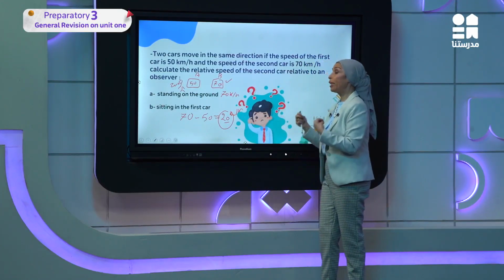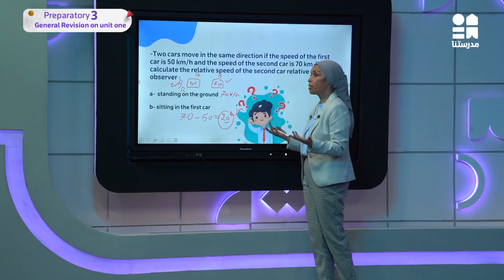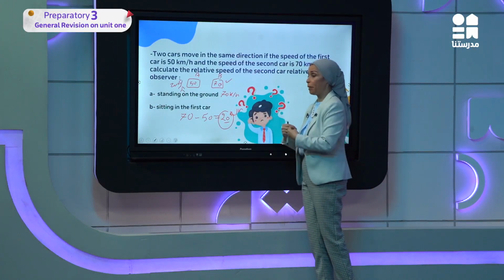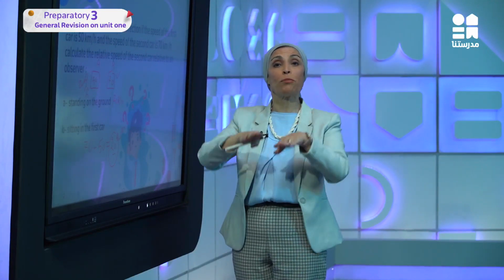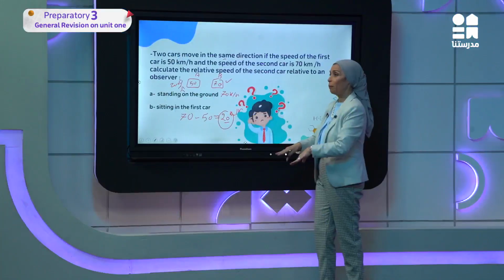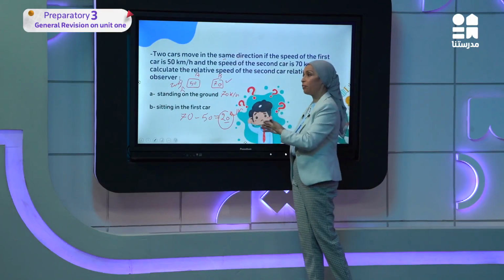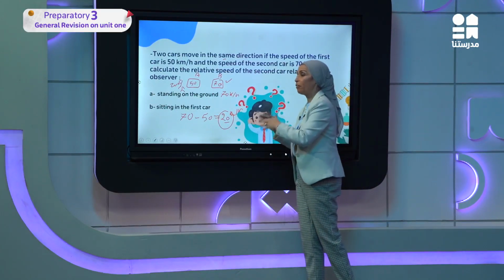The observer in each car هيشوف الكارز ماشية ازاي with the same speed. يعني لو car ماشية 50 kilometer per hour and the other car moving with 50 kilometer per hour يعني the same speed and both of them are moving same direction يعني I'm going to subtract both. So كل واحد هيشوف التاني ماشي ازاي؟ مش هيشوفه ماشي خالص. Zero. Because مثلا 50 minus 50 equals 0. 70 minus 70 equals 0.